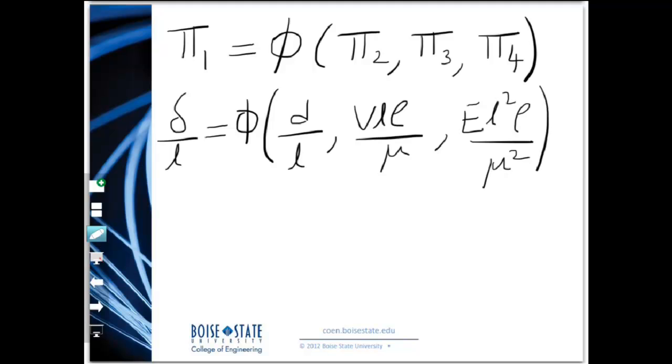Okay. So as I said, remember, if you picked another set of repeating variables which do not form a dimensionless group between themselves, your answer would be different. There is no uniqueness. But the key thing to remember is you should end up with 1, 2, 3, 4 pi groups in this problem for this specific situation.